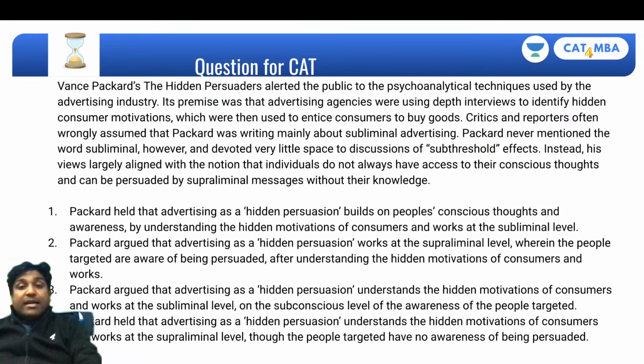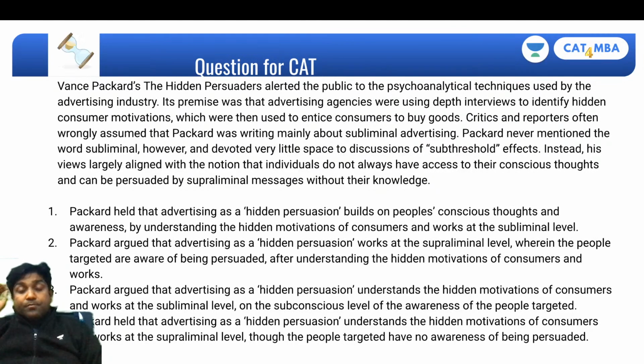We could have had disagreements that certain things could have been written better, or it wasn't a well written summary, we can quibble over that, but technically option number 1 was correct until the last word, when it says that it works at subliminal level.